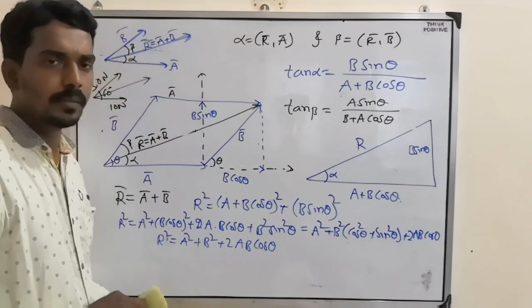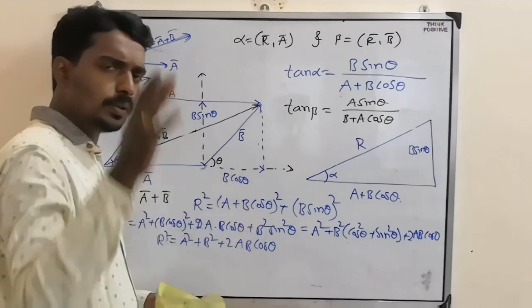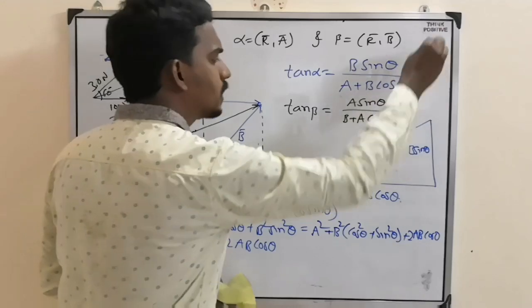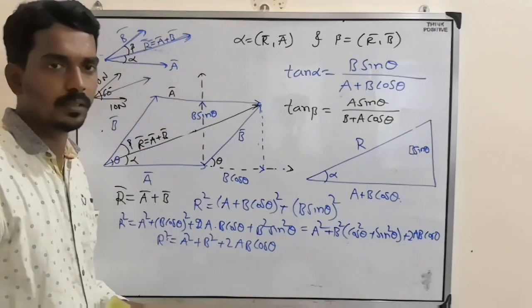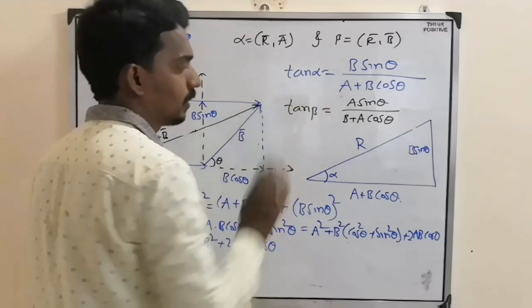But no need, because whenever they are asking the angle with one vector, that if you consider as A, this single formula is good enough. But if you want to remember both, that is your wish.